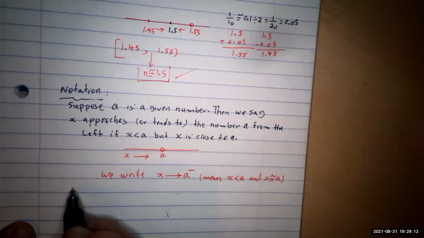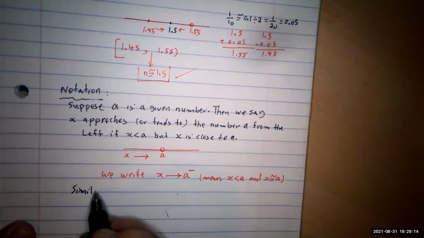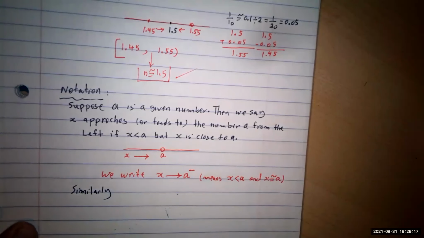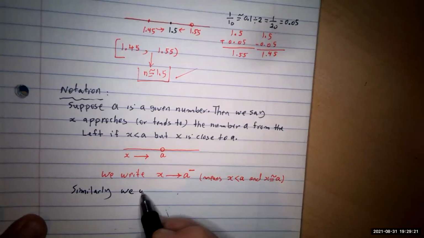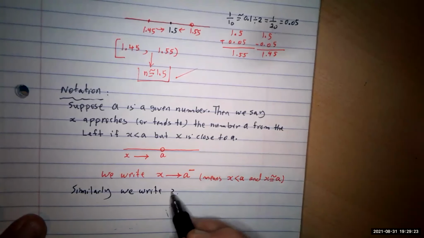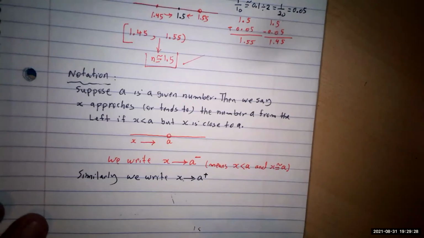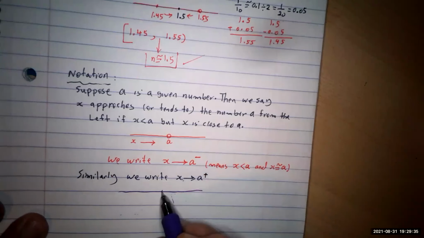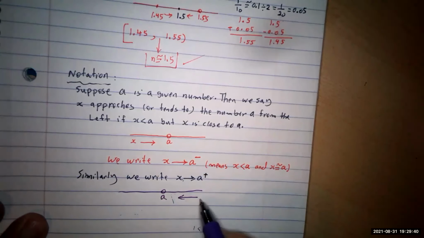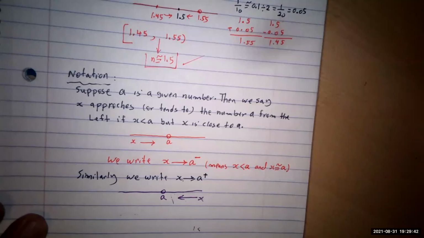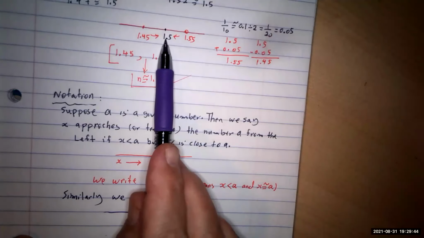Question? The other direction. Similarly, we write x goes to a positive. This is a. You want to estimate, but you're coming from this side. This is going to be your x. You see this is 1.5.